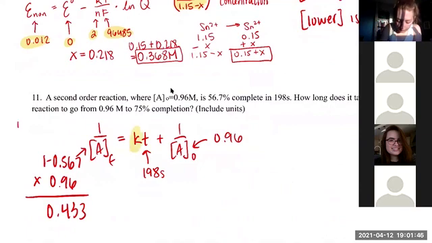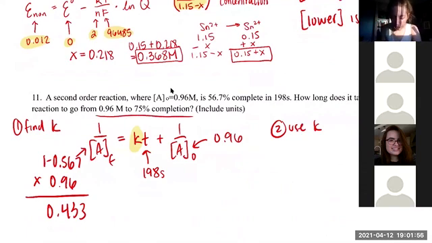That'd be step 1, find our rate constant. Step 2 is use our found K to put it into a new equation, but it's pretty similar. We're just reaching 75% completion. We have the same initial.